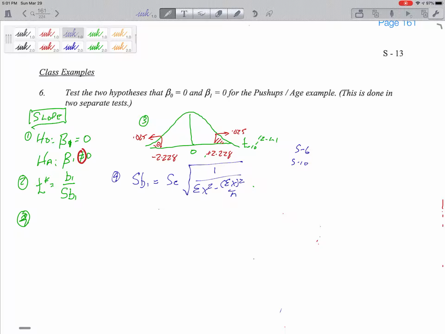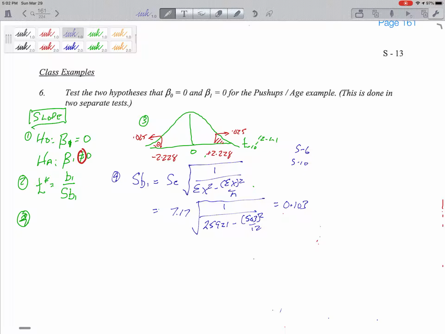So that's where we get all the necessary values that we need here. So the SE value turned out to be 7.17 times 1 over 25,921 minus 503 squared over 12. And that is 0.103.